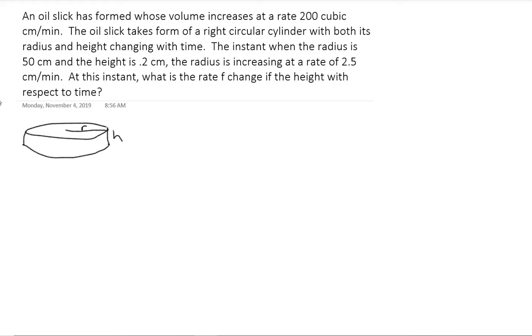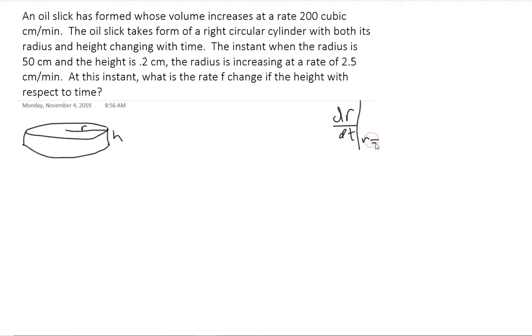The instant when the radius is 50 centimeters and the height is 0.2 centimeters, the radius is changing at a rate of 0.25 cm per minute. So what this means is they're basically giving us dr/dt, and giving us the parameters for when that rate of change applies.